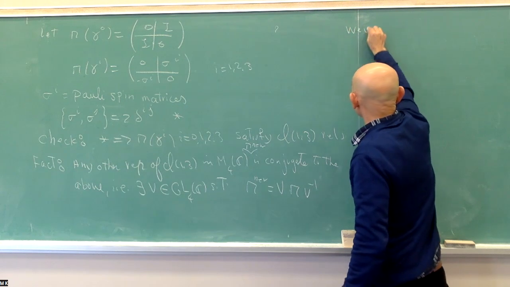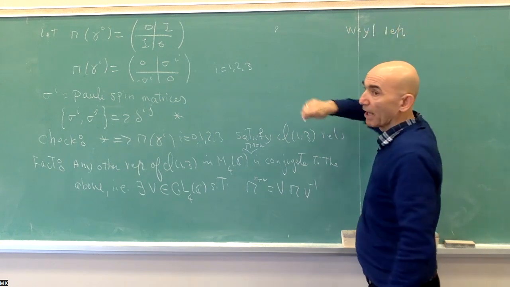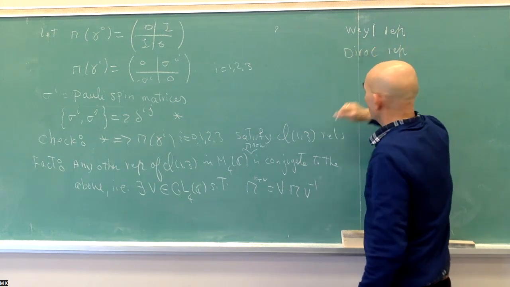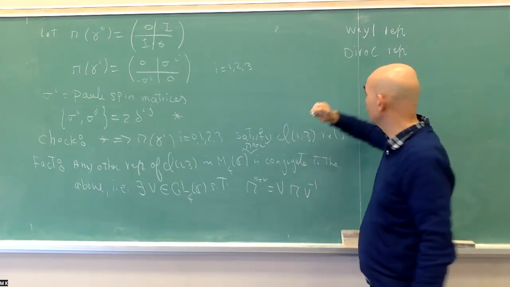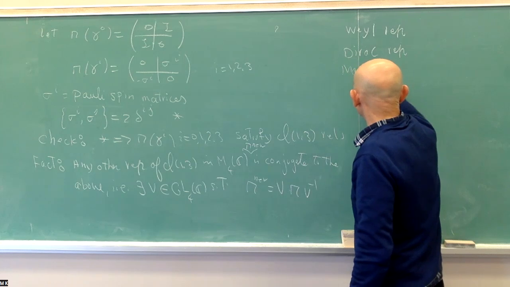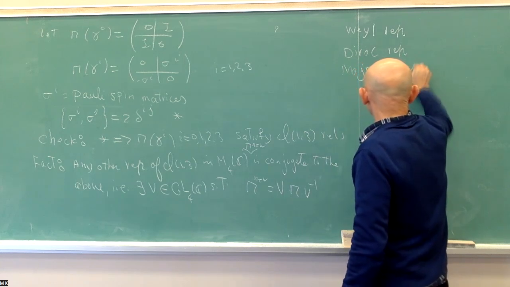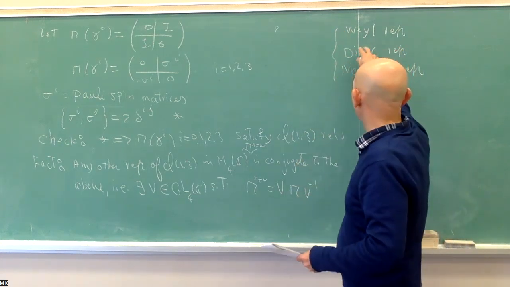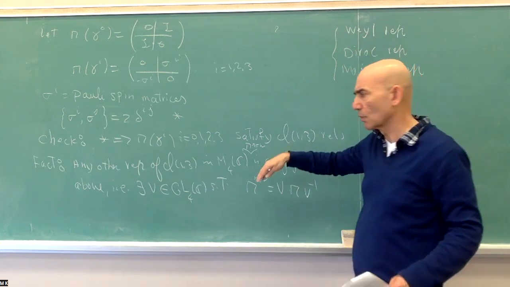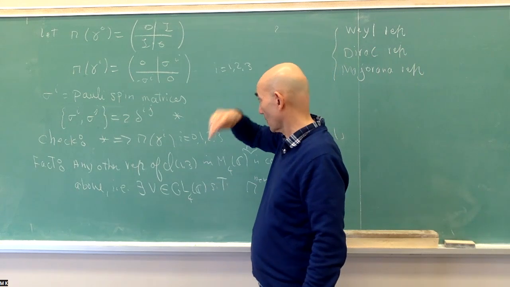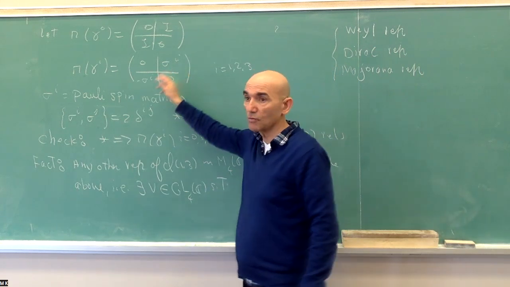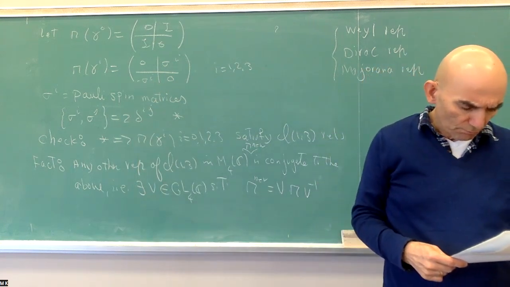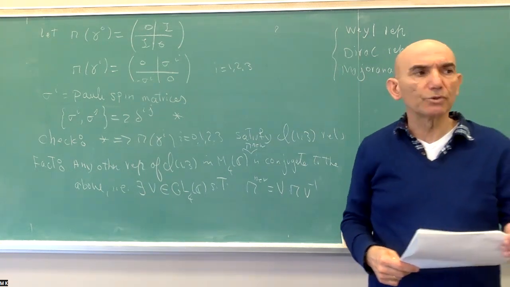So we have the Weyl representation, the Dirac representation, and the Majorana representation. These three sets of representations. I'll get to that soon, and I will write Dirac soon too.